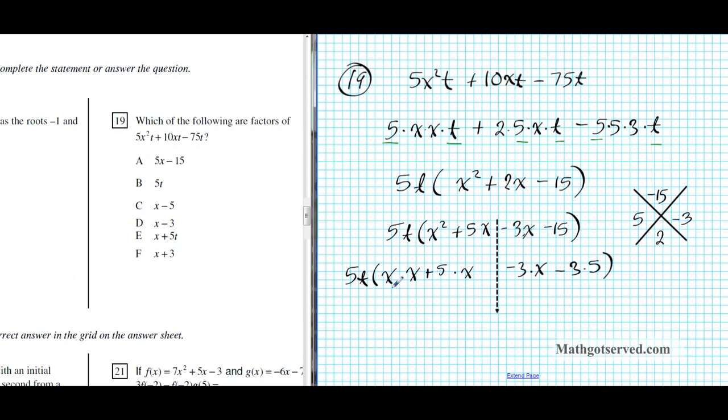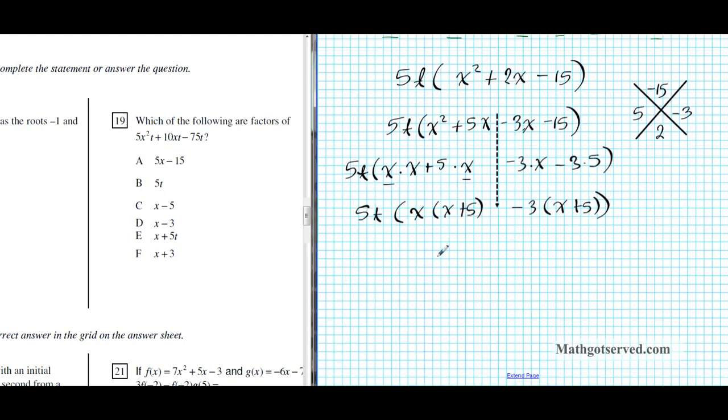So from the first two, we can take out x, so we have x times x plus 5, and then minus 3 times x plus 5. So the factored form is 5t times x minus 3 times x plus 5.